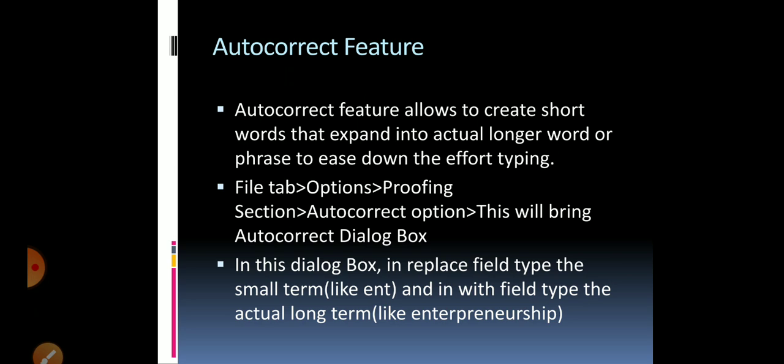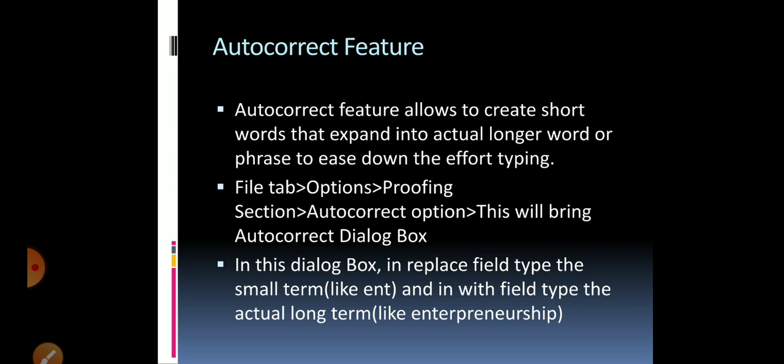If you have written the word wrong, it will also correct it as the correct word. But for that you need to switch on your autocorrect feature, then only it could correct whatever spelling you have written wrong, or the short form you have written, it will complete your full form.